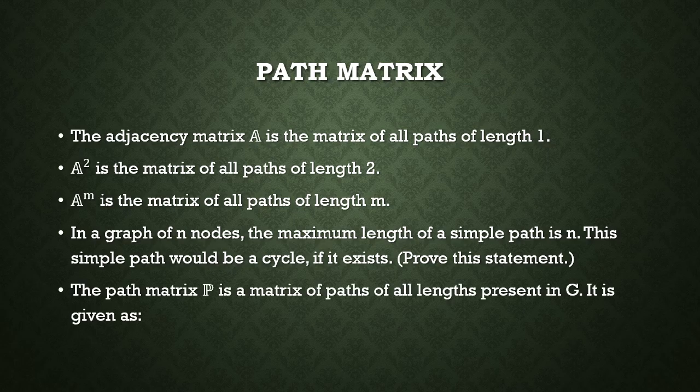The path matrix P is a matrix of paths of all lengths present in G, and it is given as P is equal to A plus A squared plus all the way to A raised to the power n.